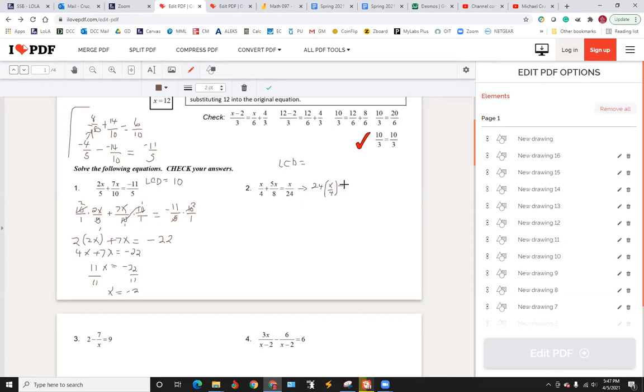This thing, too, if you try to write too fast with it, it doesn't register. Oops, what am I doing? It's just 24. And it's times 5x over 8 is equal to 24.